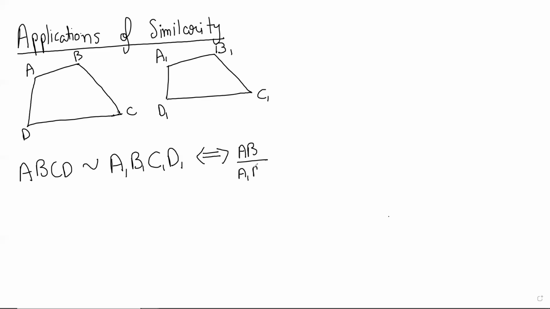We want it to be that AB by A1B1 equals BC by B1C1, CD by C1D1 and DA by D1A1, and we have to mention all of them. But this thing is not enough.